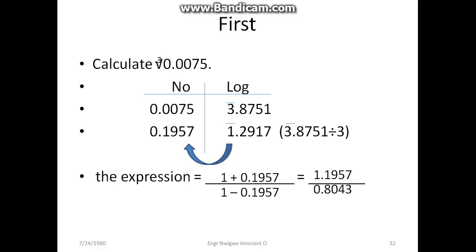What we now have is 1 plus 0.1957, which will give us 1.1957. 1 minus 0.1957 will give us 0.8043.